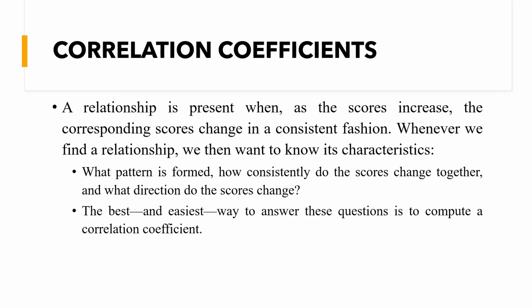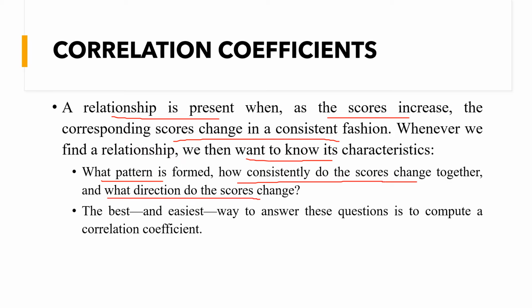If we talk about the correlation coefficient, the relationship is present. Obviously, we see the relationship between two variables. When a relationship is present, as the scores increase, the corresponding scores change in a consistent fashion. Whenever we find a relationship, we want to know its characteristics as well: what pattern is formed, how consistently the scores change together, and in what direction the scores change.